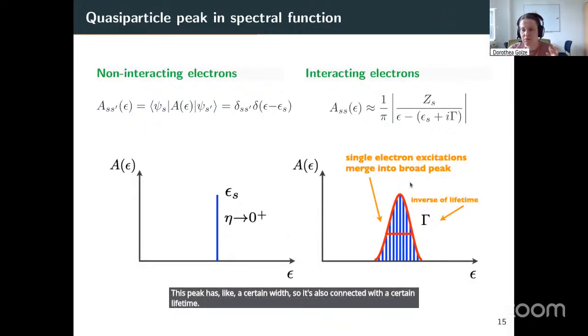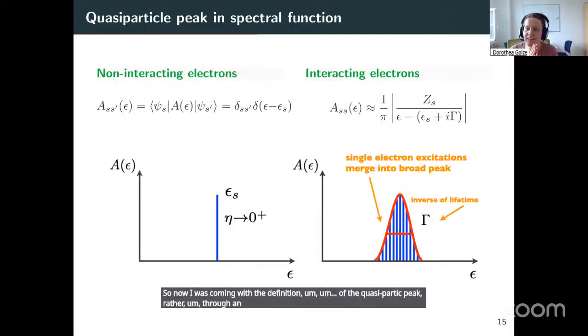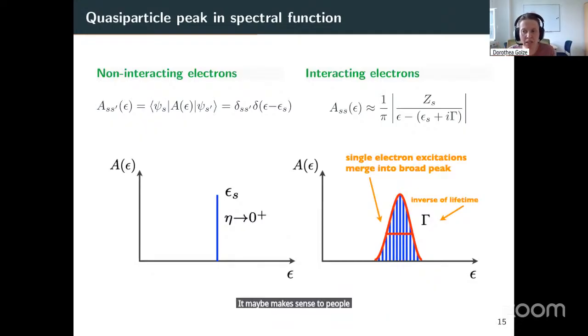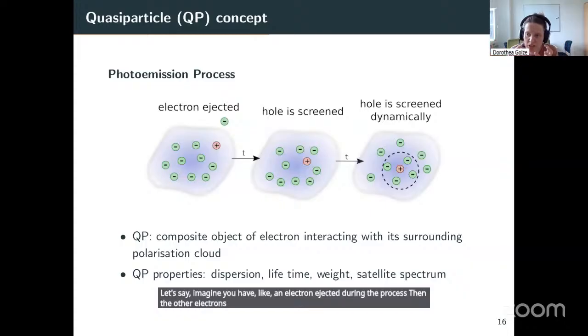Now I came with the definition of the quasi-particle peak through an explanation that maybe makes sense to people that are very familiar with full CI. I'm also trying to do a more intuitive explanation shown on this picture. Imagine an electron is ejected during the process, then the other electrons rush to screen the bare hole.